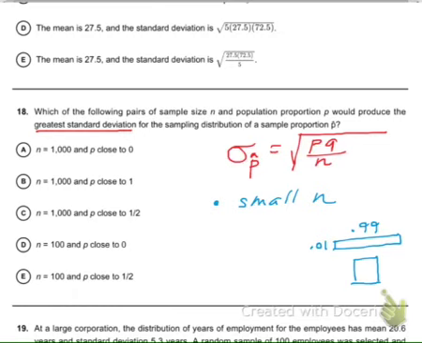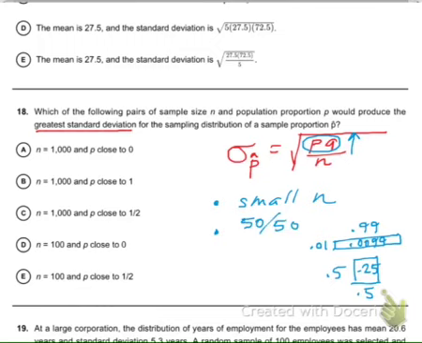This is something like exactly 0.0099. But what if it's 50-50? If this is 50-50, then this is 0.25. So this numerator is much larger the closer P is to 50%. So we want closer to 50-50.